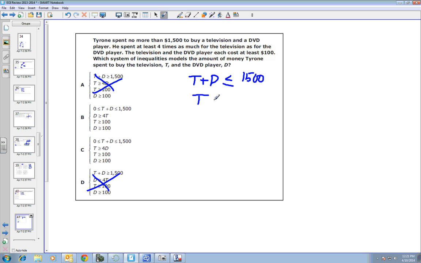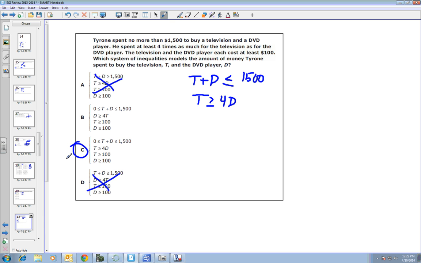TV is 4 times D, and it was at least. So at least is greater than or equal to. So which one does it have to be? Automatically C. See how easy it is?